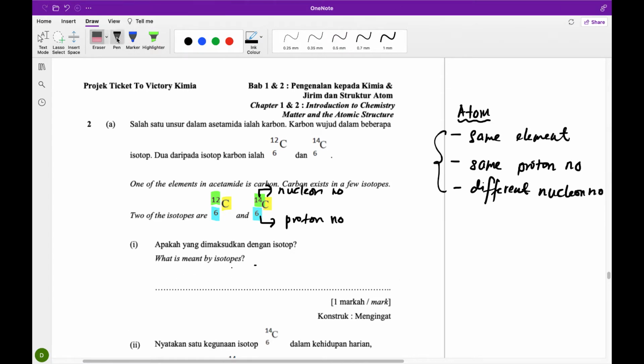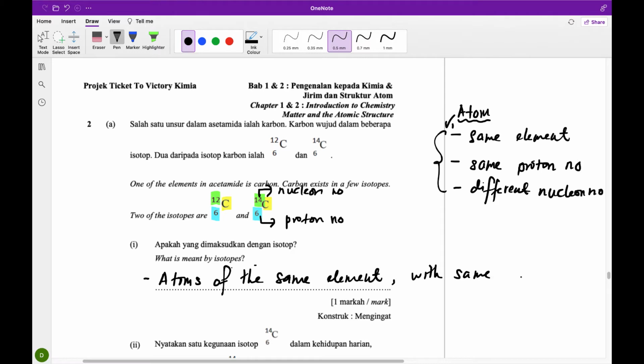So let us define. The definition for isotope will be atoms of the same element with the same number of protons, or same proton number, you can retain the key point, but different nucleon number.